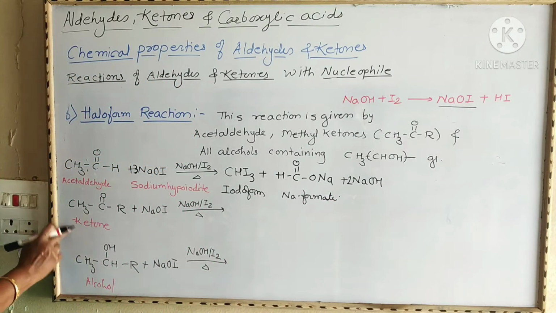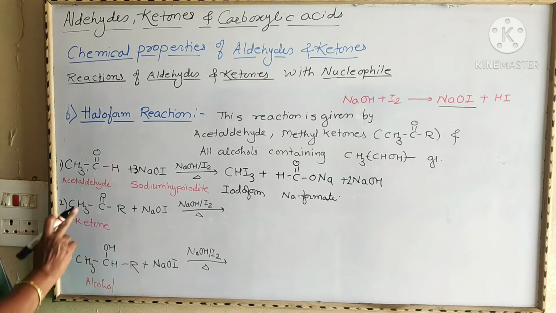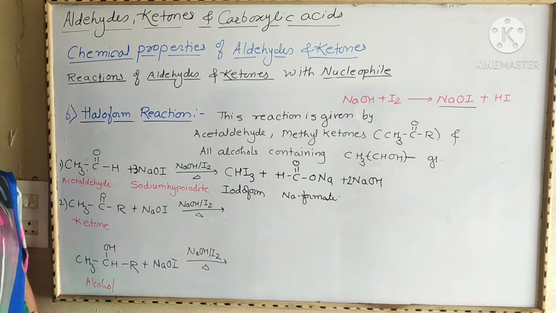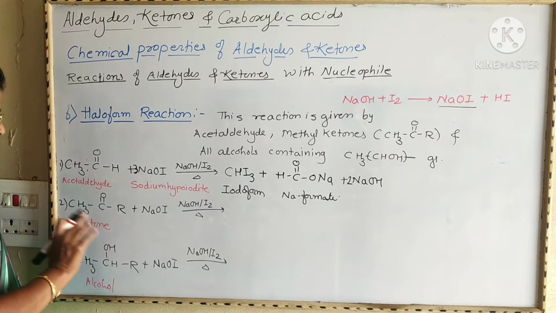Now second reaction we are going to see with acetone. This acetone must be methyl ketone. That is, one alkyl group attached to carbonyl carbon must be methyl group. Then only this haloform reaction occurs.